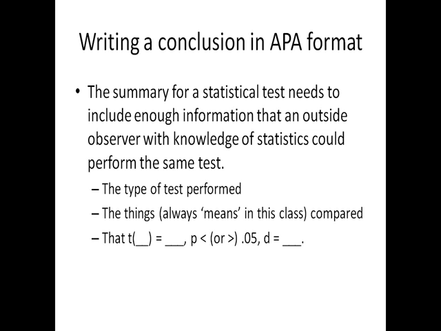So we need to include information about the type of test performed, the things that are compared, and I have blanks in the equation at the bottom of this page, but the equation that includes the degrees of freedom, the t-statistic, whether the probability is less than or greater than 0.05, and the effect size.